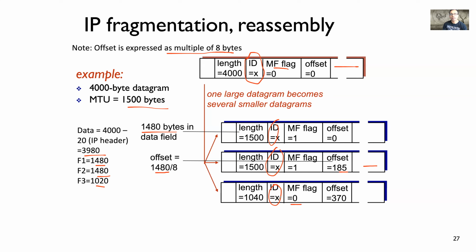This third fragment is offset by 1480 plus 1480, right? Because that's what the first two fragments contain. So the offset that you see here is 370, offset by 370 times 8 bytes. So that's how the fragments are actually created.